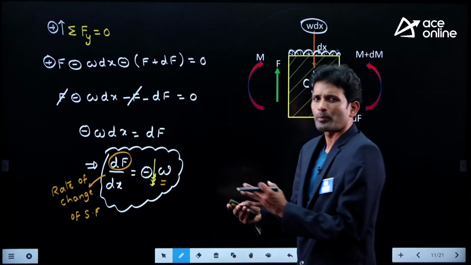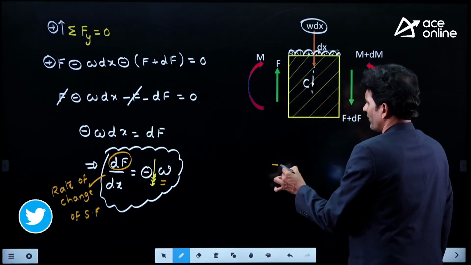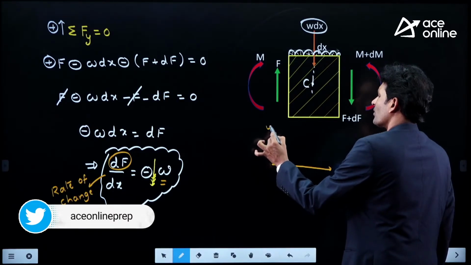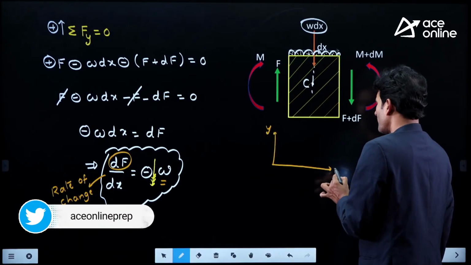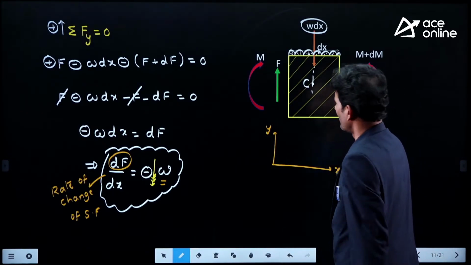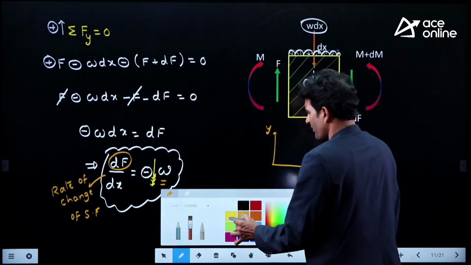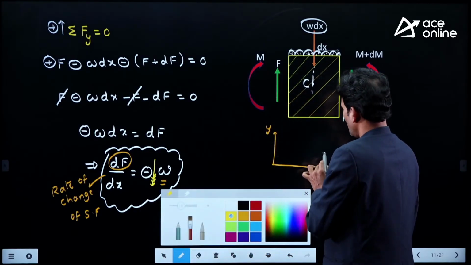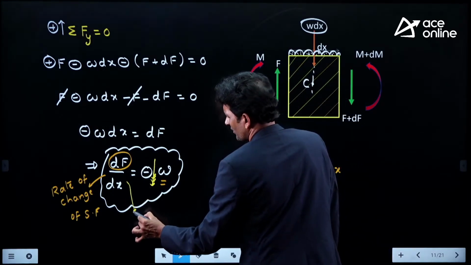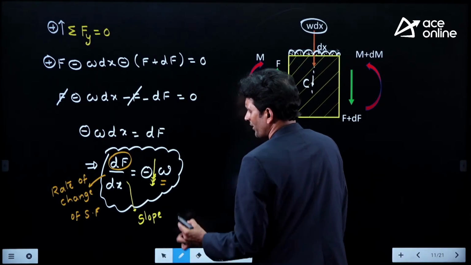And when we are plotting the shear force diagrams, as we know, we are taking the shear force values in the y direction along the y-axis, and the length of the beam along the x direction. Is it right or not? Exactly. So this dF divided by dx, based on this observation, is also known as the slope of the SFD at one particular point.